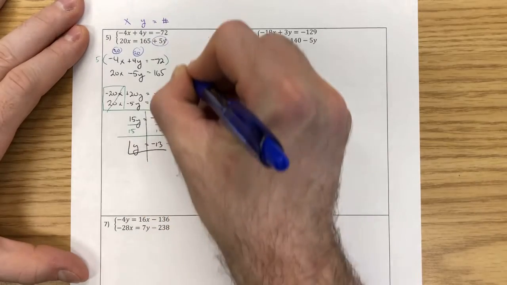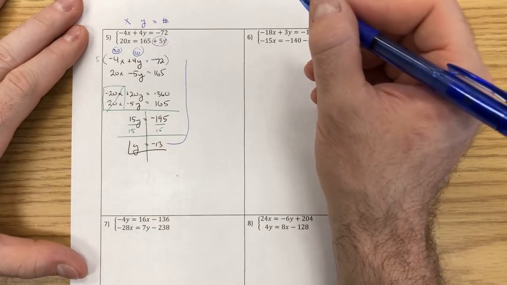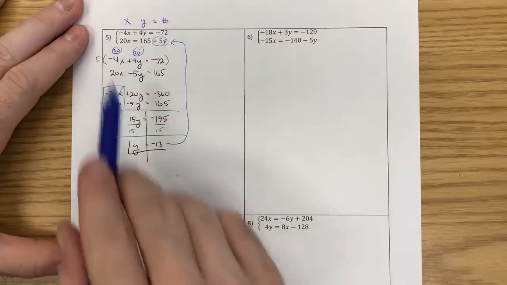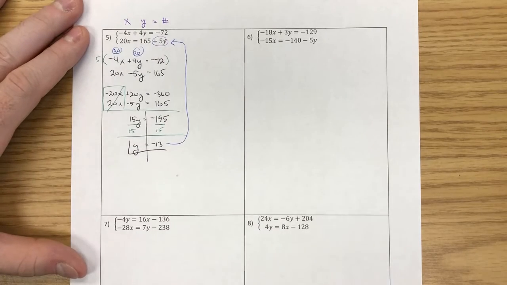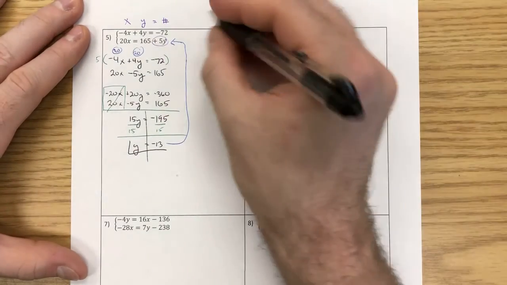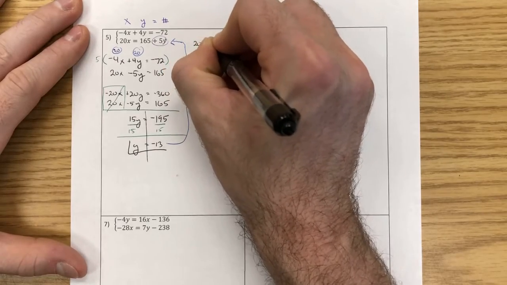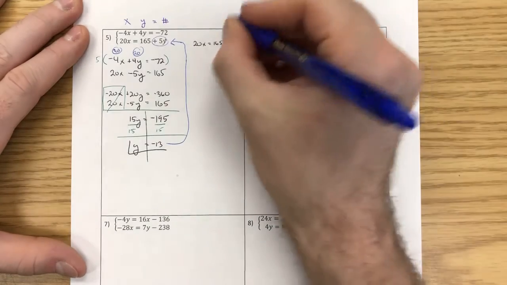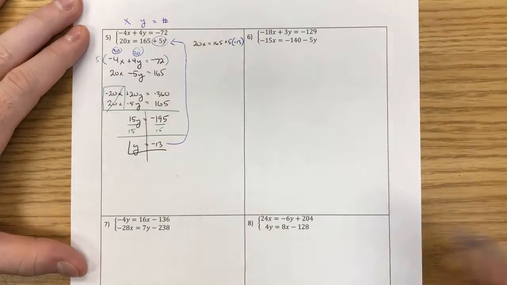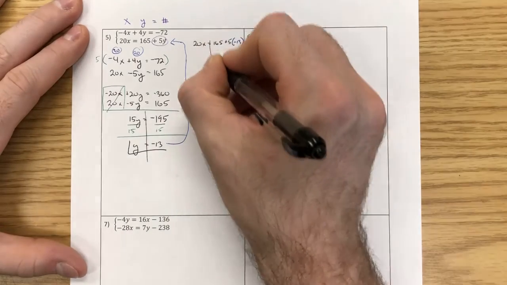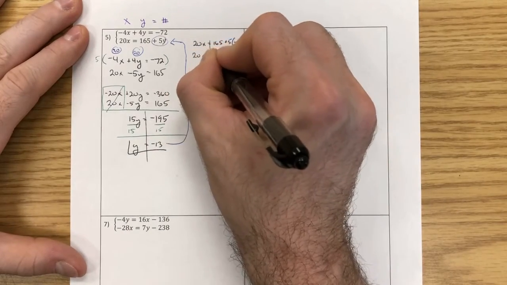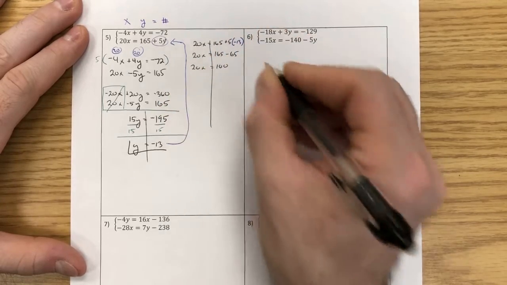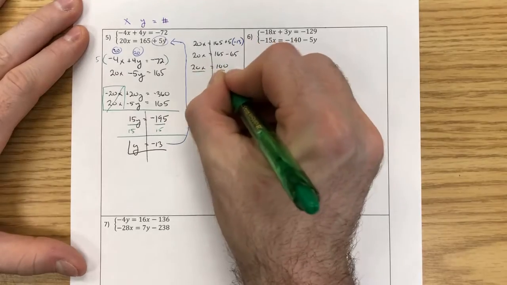And we're just going to take that and plug that into either equation. We're going to plug it into this bottom one because the x is already partially isolated, it means that I might have to do a little less work. 65 plus 5 times negative 13. 20x, and then at this stage we divide by 20.